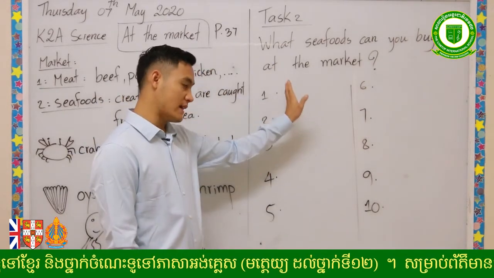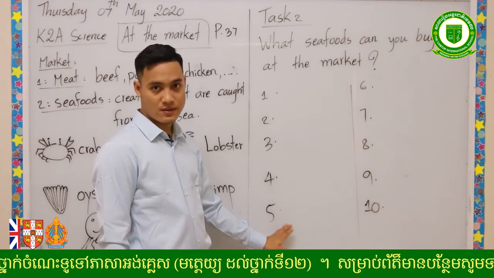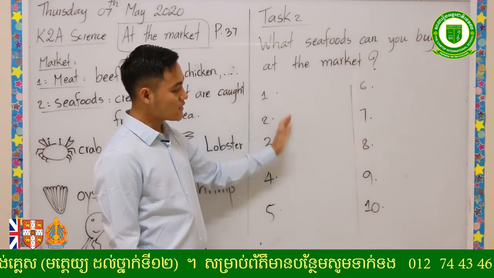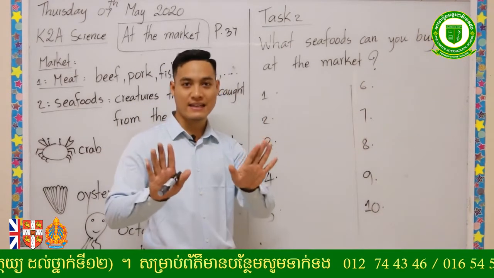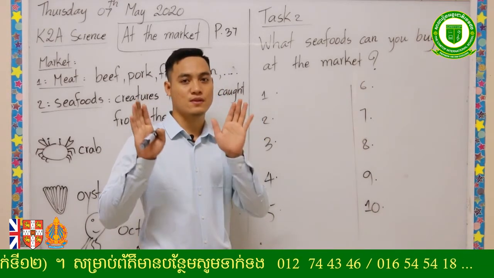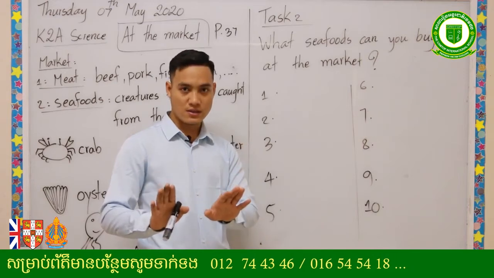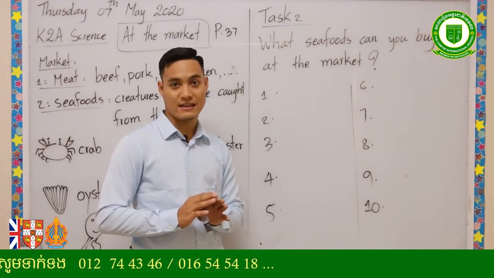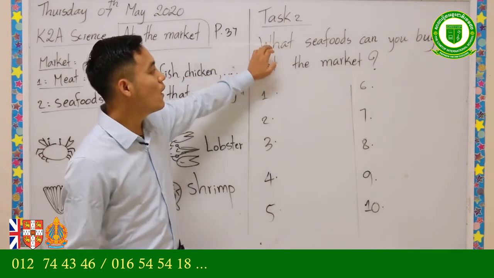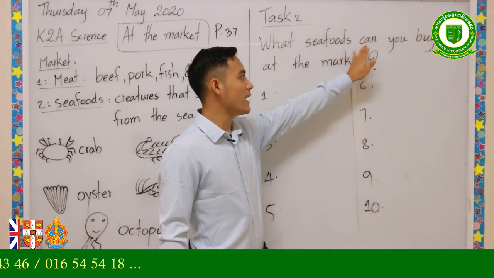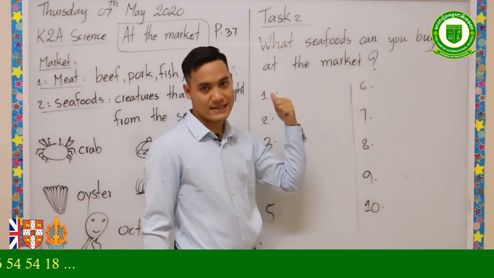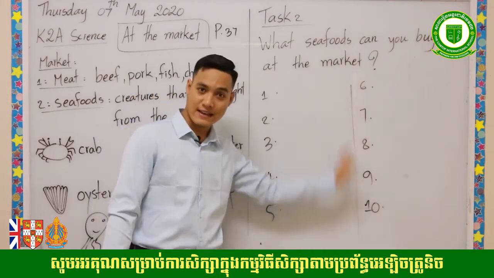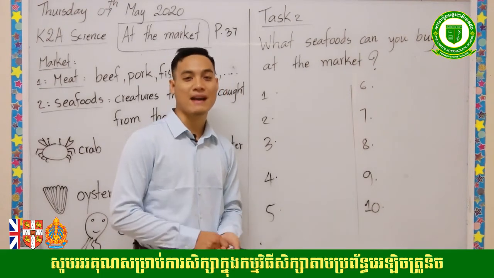I taught you 5 creatures from the sea that you can find from the market, but for task 2, you need to find 10 types or 10 creatures that you can buy from the market. What seafoods can you buy at the market?